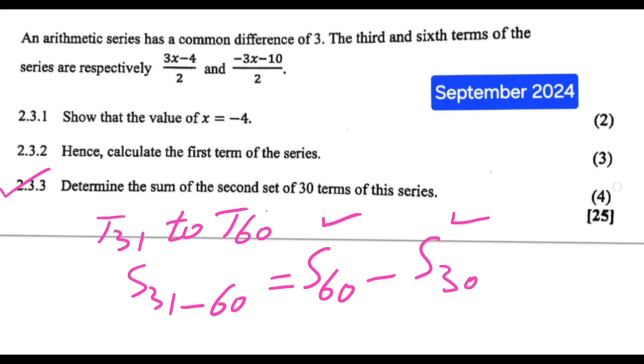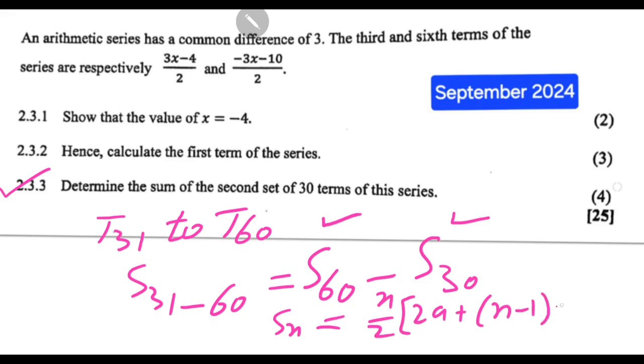So use the sum formula for an arithmetic series, which is going to be Sn is equal to n over 2 bracket 2a plus parentheses n minus 1 d big bracket close. So must remember, we got a first term is negative 14 and the d we got given is 3. So now we're going to calculate the S60.